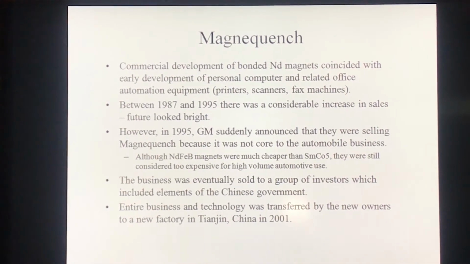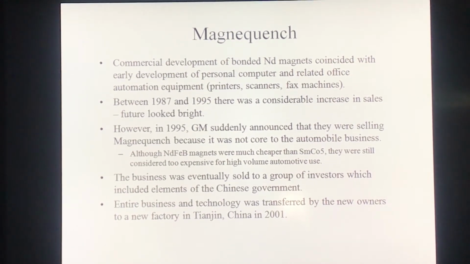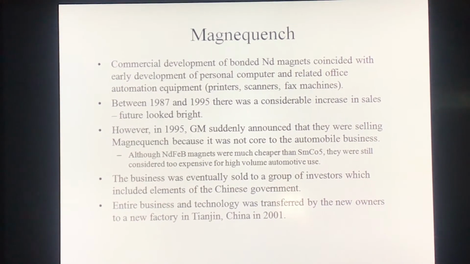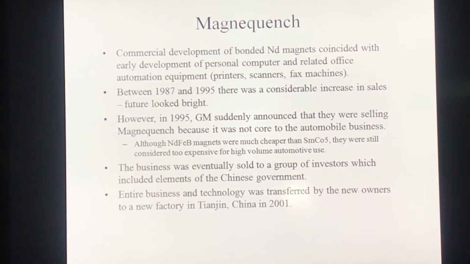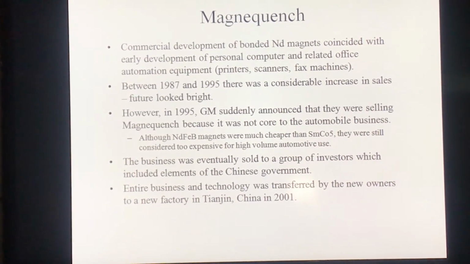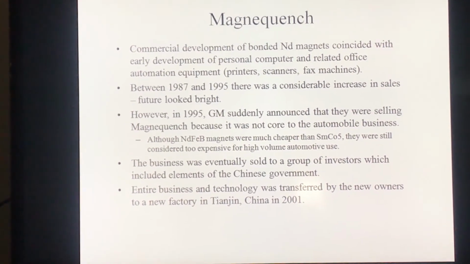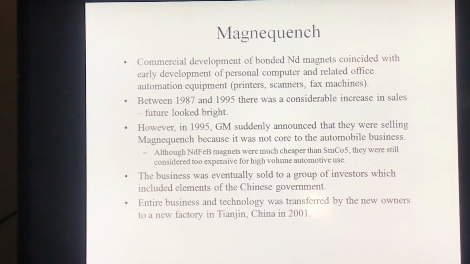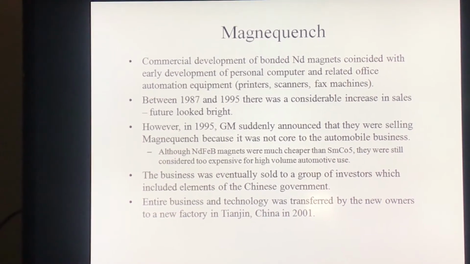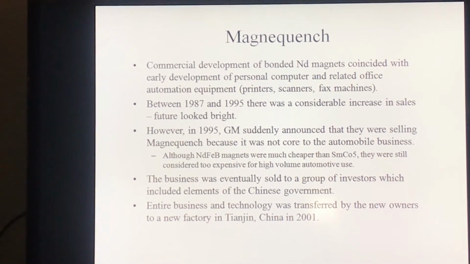Just to conclude now, the beginning of Magnequench, particularly the commercial development of the business, coincided with the early development of the personal computer, the PC, and related office equipment, printers and scanners and fax machines that were needed to work with the PC. So between 1987 and 1995, there was a considerable increase in sales, and the future looked bright for the company.